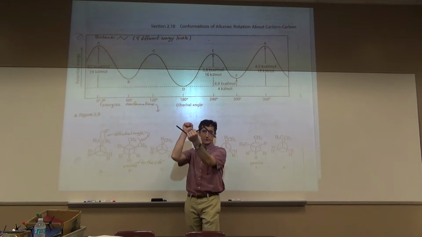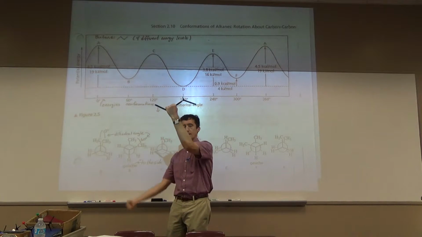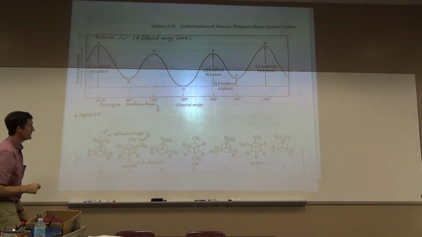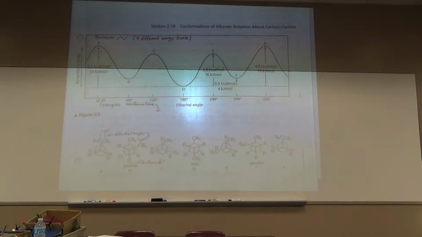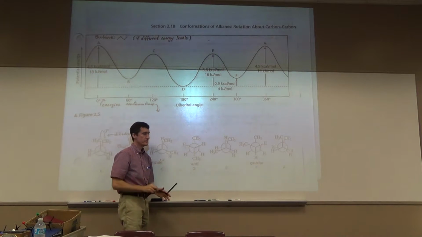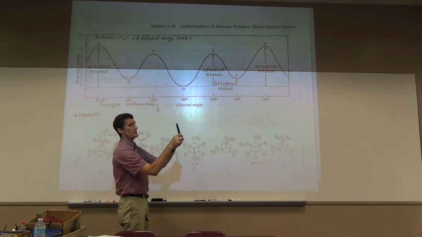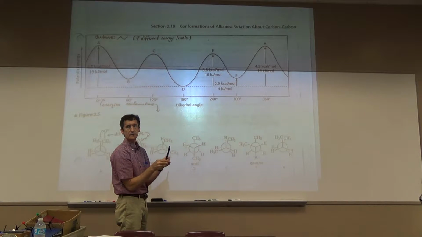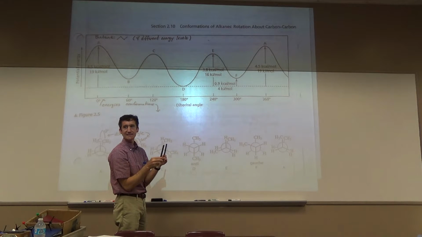A is when the groups are sort of not anti, but syn. Anti, I think you can sort of get. They're sort of opposite. It's anti. Here, this eclipse we could call syn, S-Y-N. That's sort of analogous to kind of same.